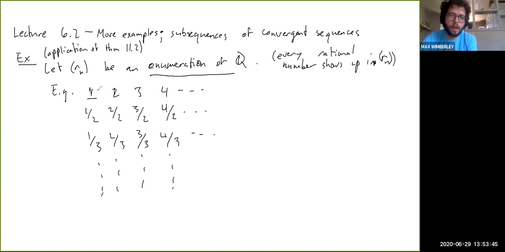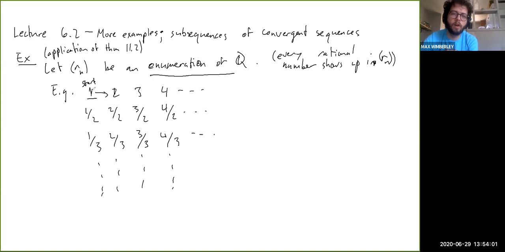So here's how we can make our sequences. We just imagine traversing this grid, and as long as we traverse the grid in a way that hits every spot, then every rational number will occur, right? So let's say we start here.